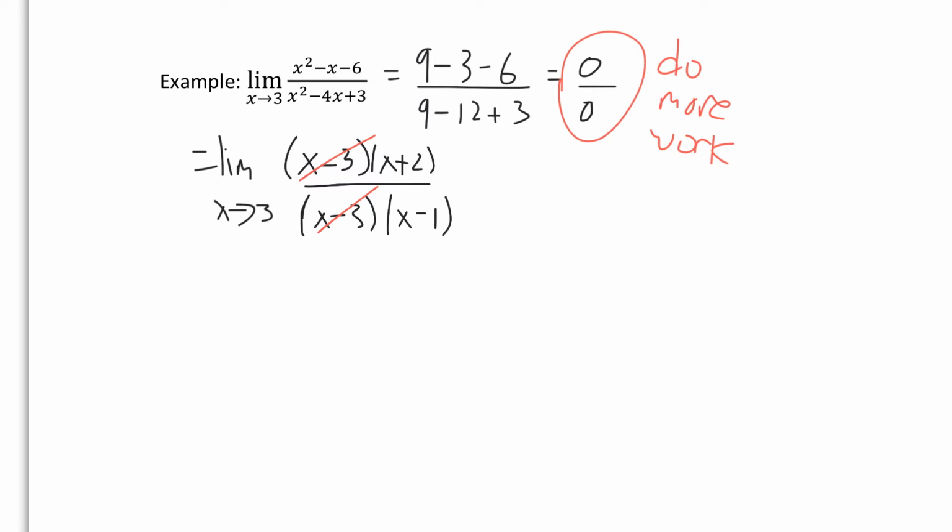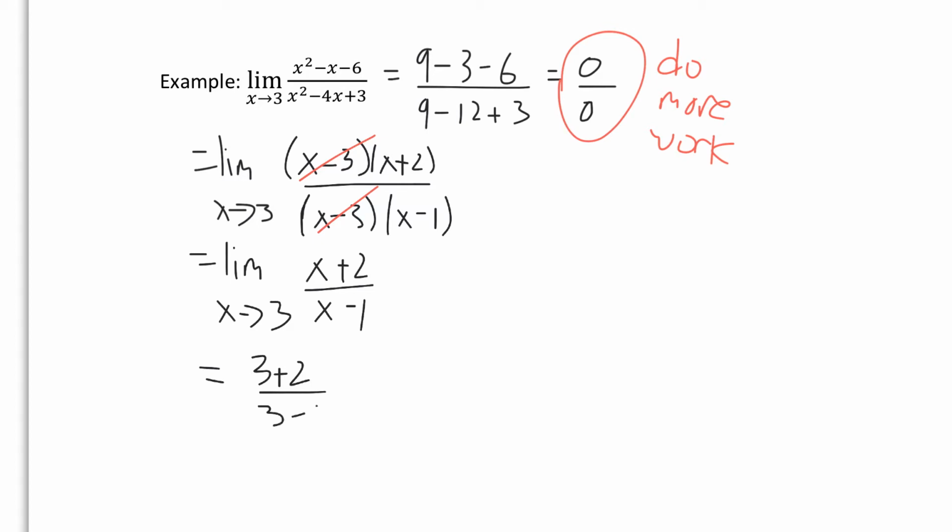Again, we haven't done a limit yet. We're just working on the inside portion, so we have to keep writing limit. We have x plus 2 over x minus 1. All right, well, let's go ahead and try to plug it in now. So we get 3 plus 2 over 3 minus 1, so 5 over 2. There we go, there's our answer.